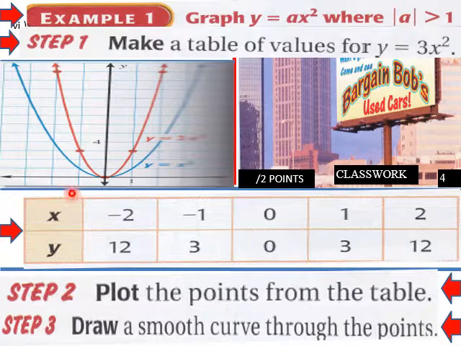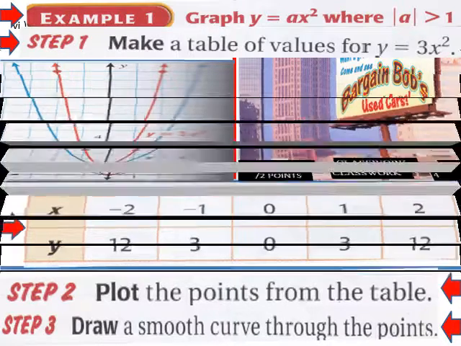Here is your graph of y equals 3x squared, your red line here. It's steeper because this coefficient will make your parabola compress. It'll compress the parabola and make it slope steeper. This is y equals x squared, your blue parabola.